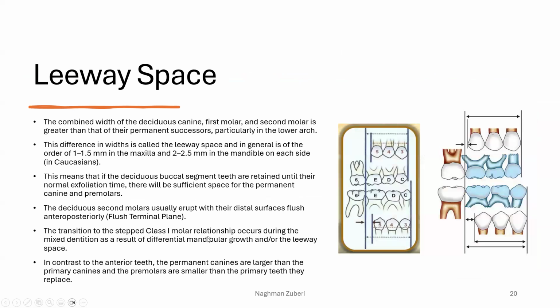Leeway space. The combined width of the deciduous canine, first molar and second molar is greater than that of their permanent successors, particularly in the lower arch.